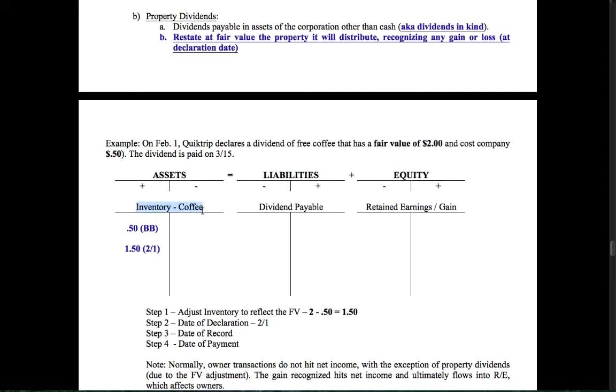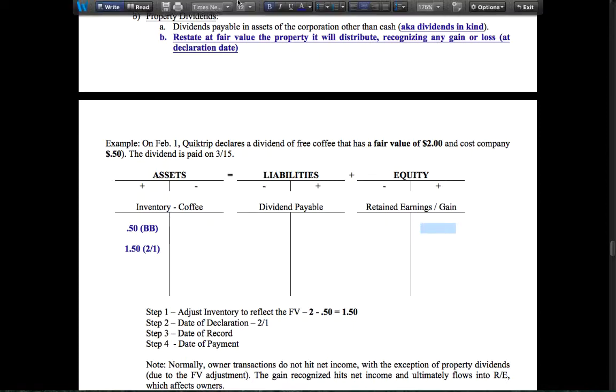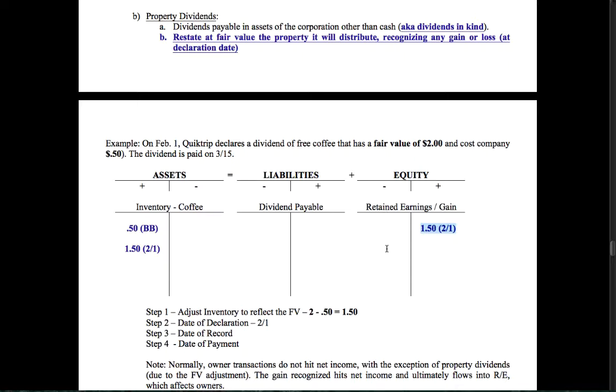So at the date of declaration, we do have to record the liability. However, you do not record the liability yet. First, you need to account for this change in your assets as you increase your inventory. And for this example, what ends up happening is you recognize a gain of $1.50 because your fair value has increased by the $1.50.